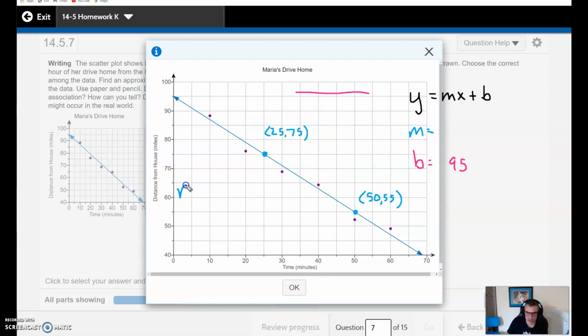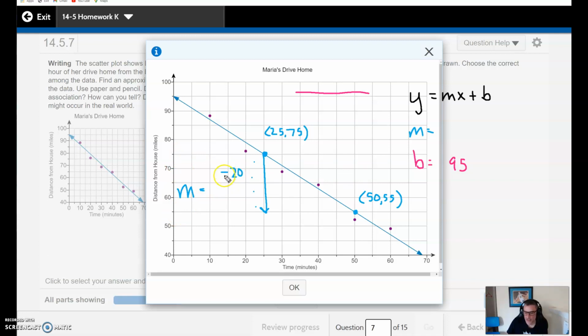I'm going to make a slope triangle this time. How much do I have to go down? Remember that I'm counting by 5s here. Each square is worth 5. So this is 5, 10, 15, 20. I went from 75 to 55, so I went down 20.